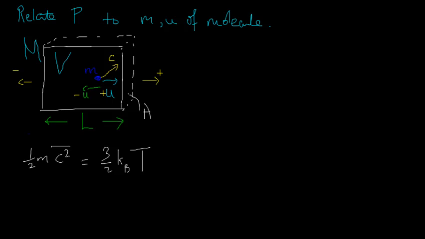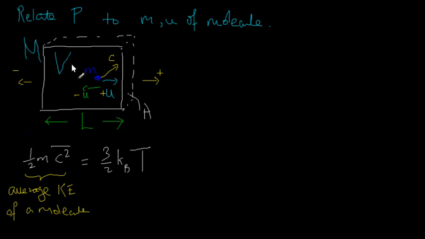So while we are here, let me clarify a few things. Little m there is the mass of a molecule, so this is the average kinetic energy of a molecule, right?